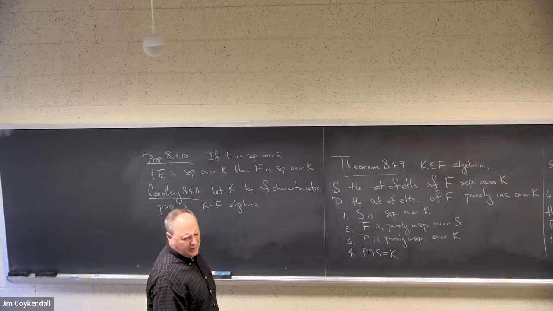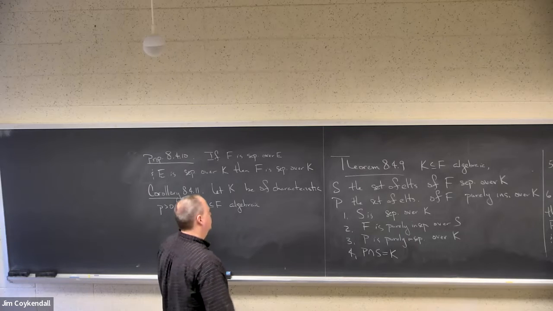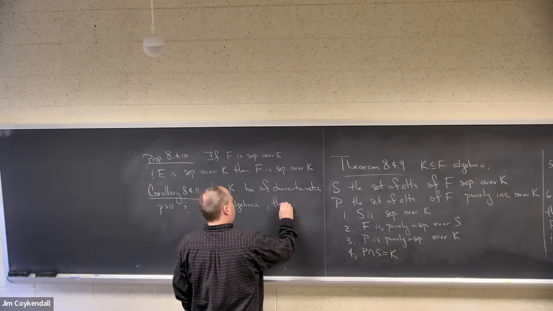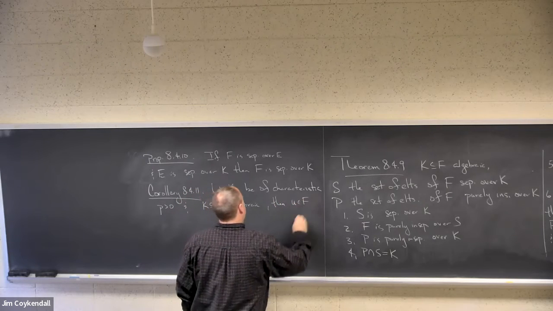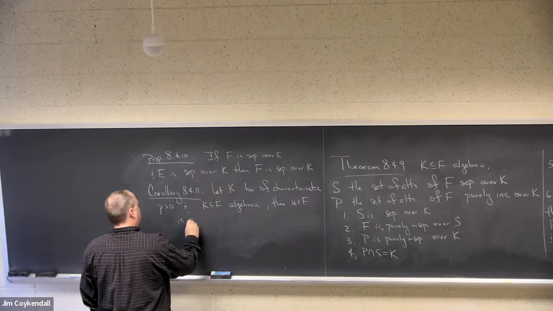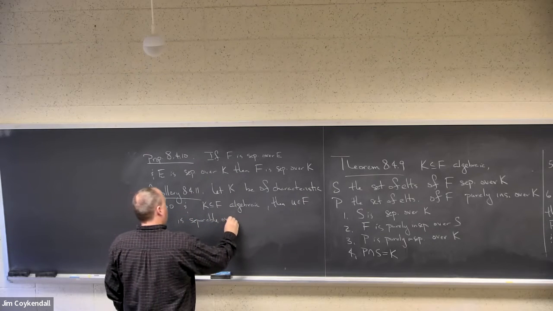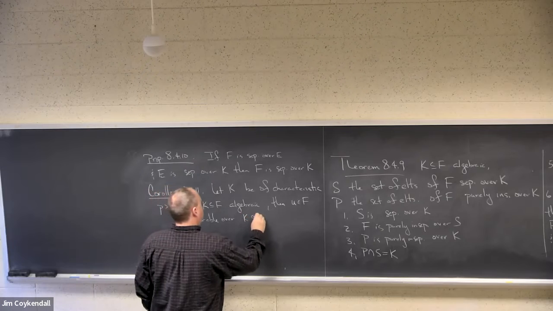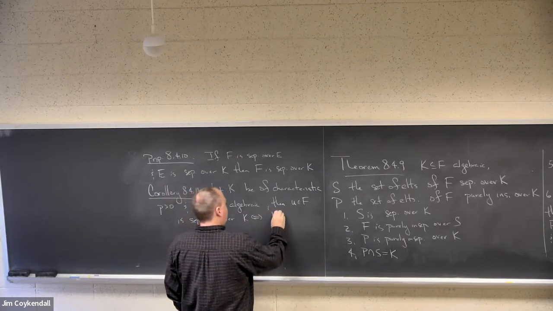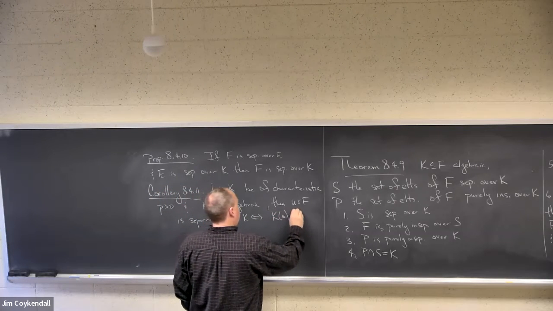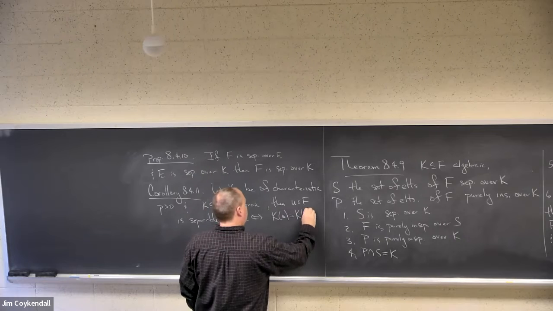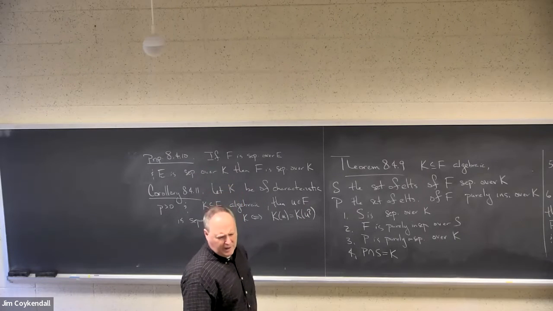Then u is separable over K if and only if K(u) is equal to K(u^p).